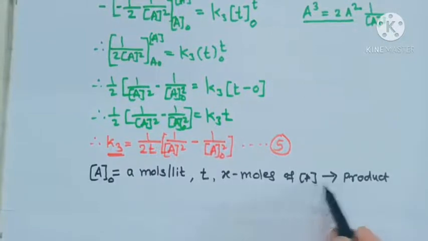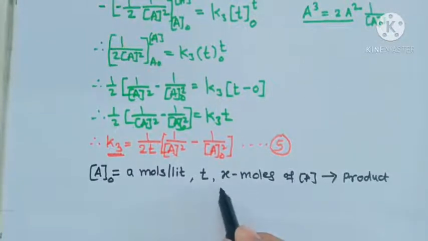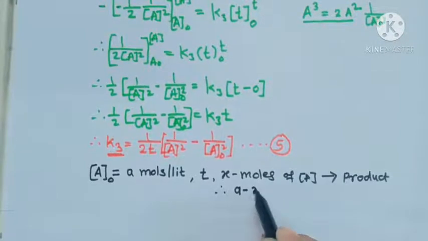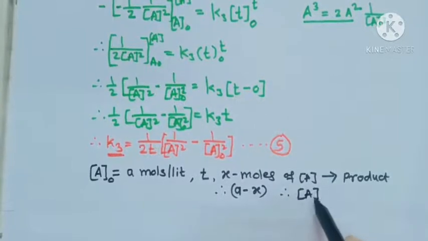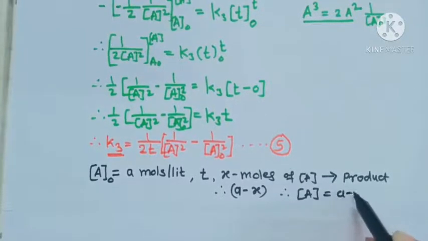So what is the remaining quantity? Remaining concentration is a minus x. Therefore, we have A is equal to a minus x moles per liter.